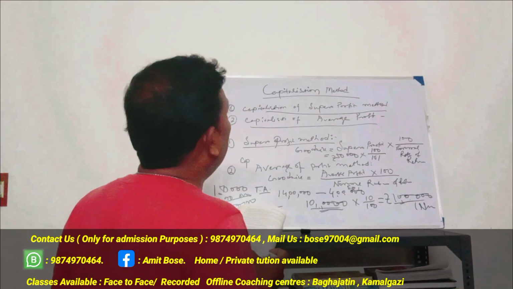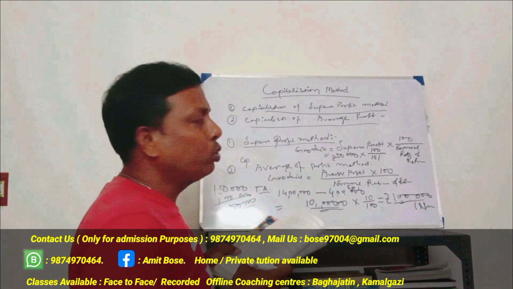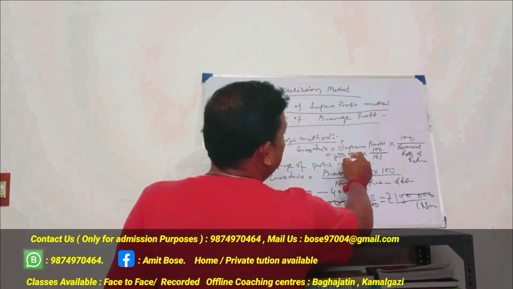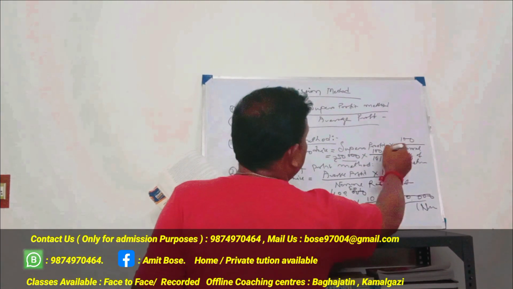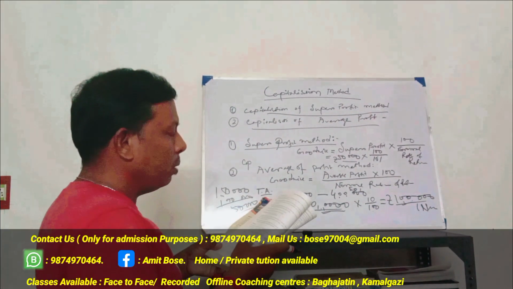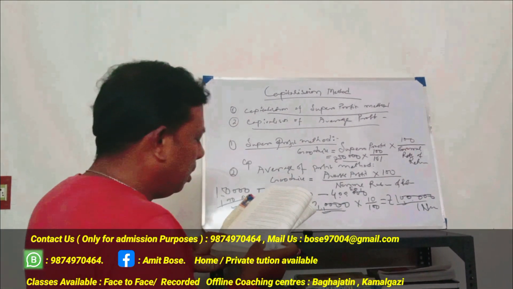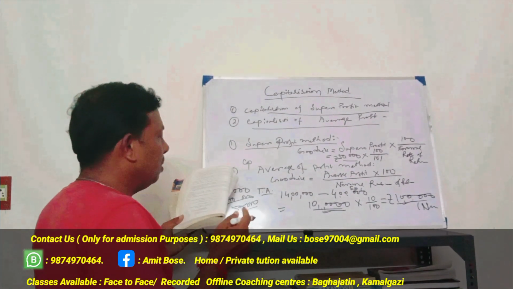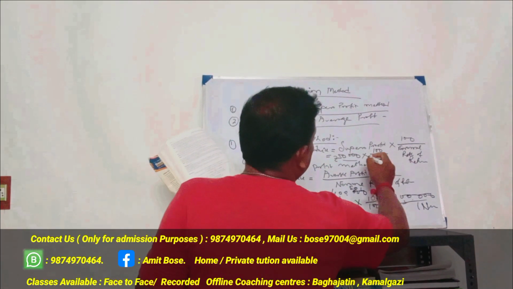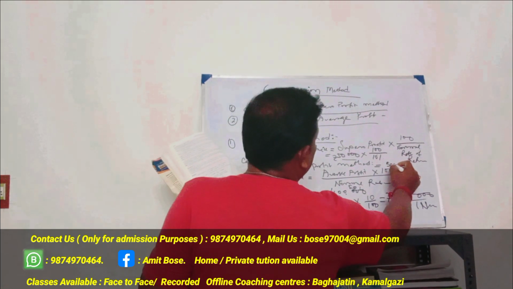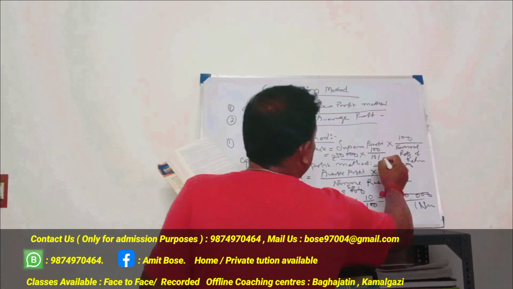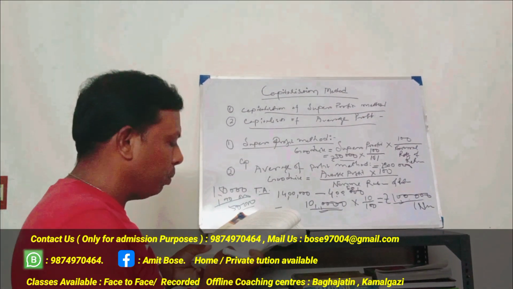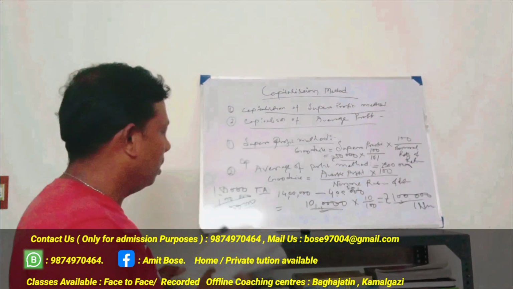So valuation of goodwill under capitalization of super profit method, goodwill equals super profit, that is 50,000 into 100 divided by normal rate of return. 50,000 into 100 divided by 10 comes to 5 lakh. Here the answer of goodwill under capitalization of super profit method is 5 lakh rupees.